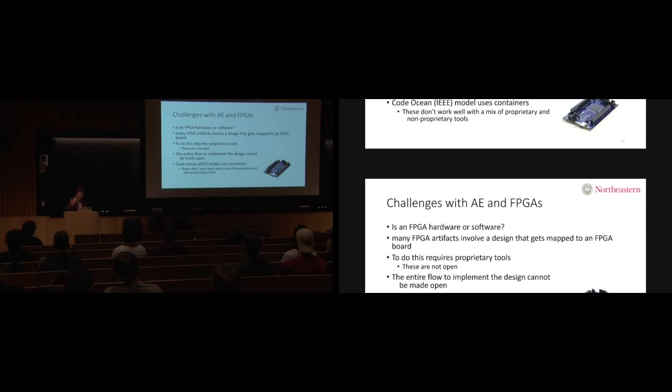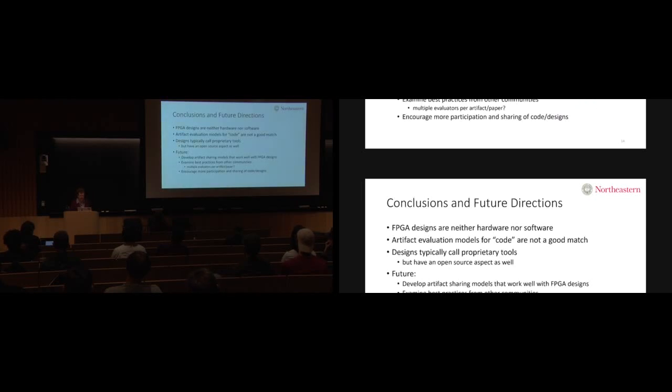We can't fit it into this containerized model. So there's challenges. So there's a real movement to try to do more of this badging, artifact evaluation, encourage open source across software and hardware. But there's real challenges with this for FPGA designs, especially in the direction this is going.